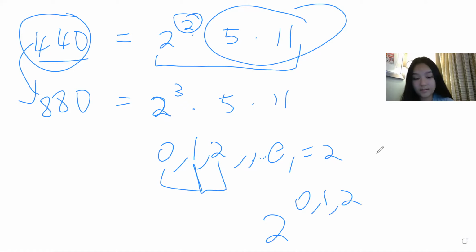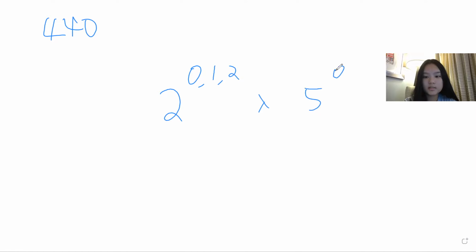Now this becomes a counting problem, and it may not seem obvious to you at first, but what's really cool about this is that the divisor of 440 is 2 to the 0, 1, or 2 times 5 to the 0 or 1 times 11 to the 0 or 1 power.